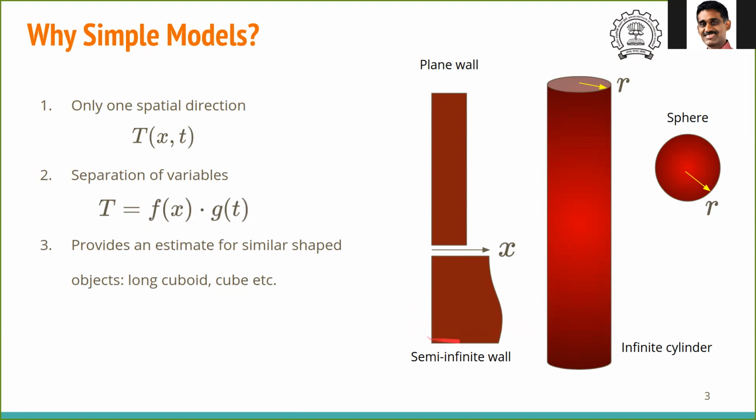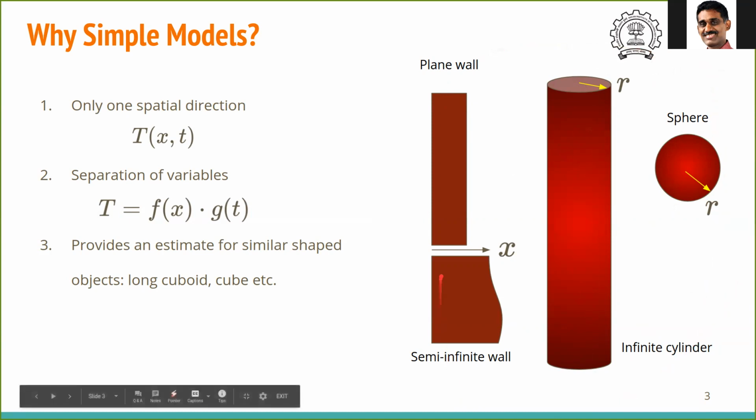We can also have an infinite cylinder. The length is infinite, but the radius is finite. Similarly, there is a sphere which is of finite radius but dipped in an infinite medium.